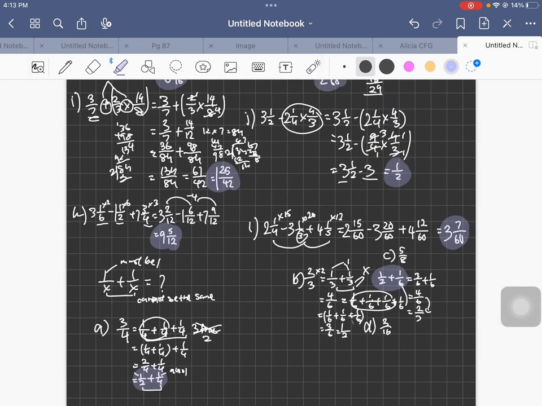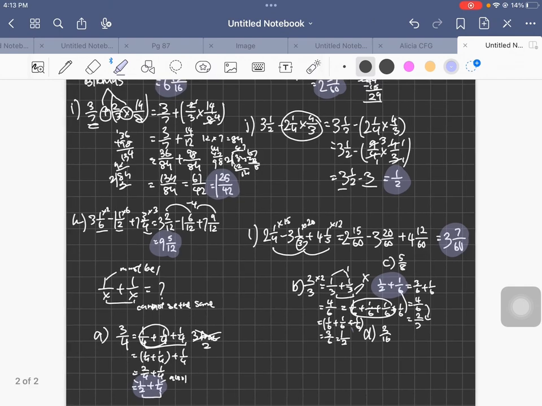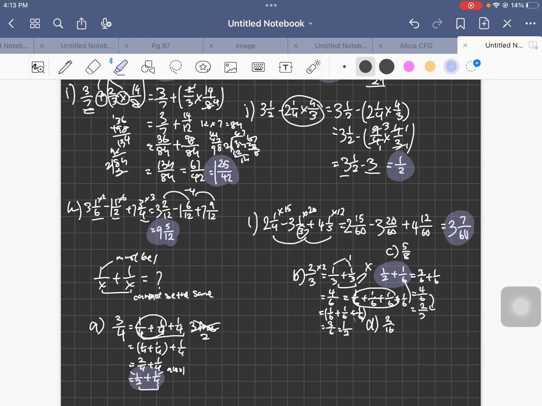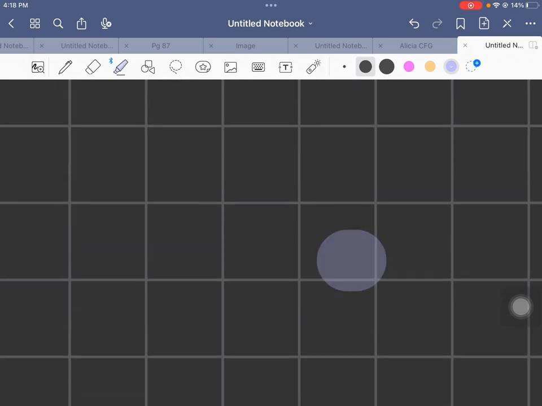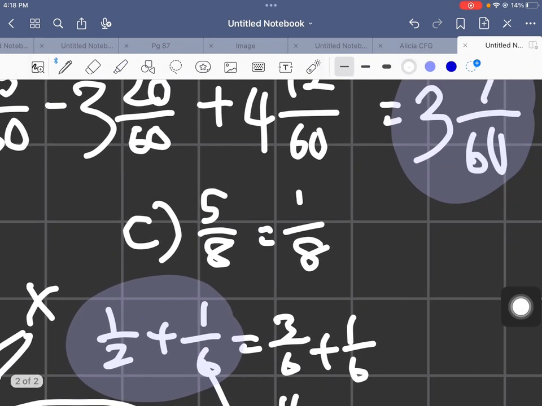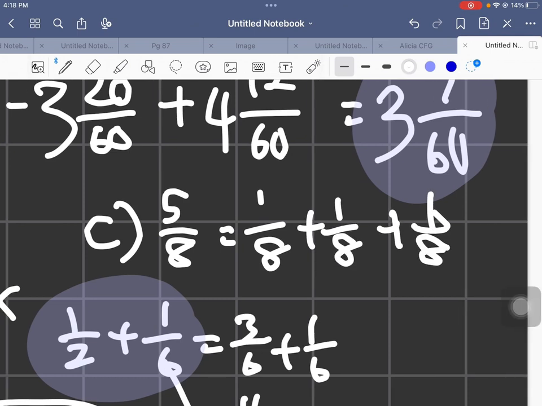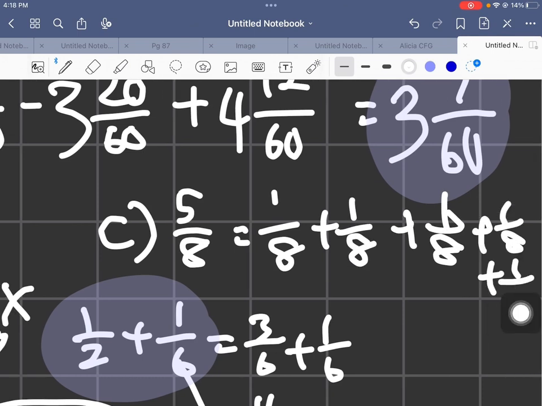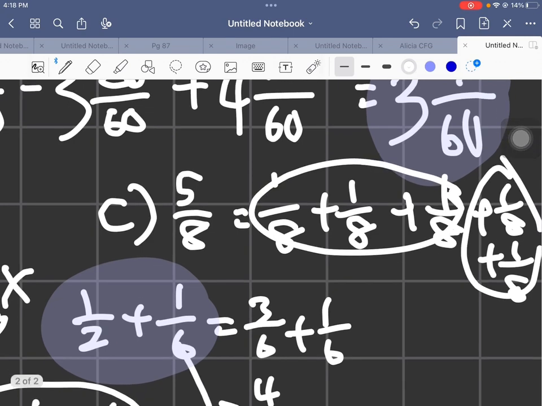Question C is 5/8, which is 1/8 plus 1/8 plus 1/8 plus 1/8 plus 1/8. We'll combine 3 of them and 2 of them together.